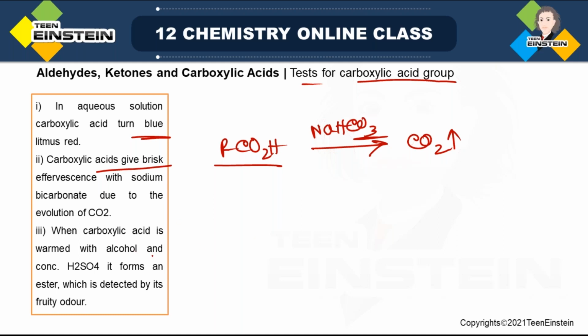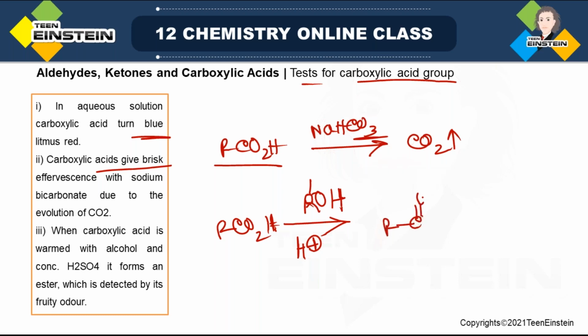Another thing you can do is form an ester, because we know esters have a fruity type of odor. So if you have any sample of RCO2H, you can use some alcohol, R prime OH I am writing, under acidic conditions, H plus being the catalyst, and you will get RCOOR prime, which is ester formation.